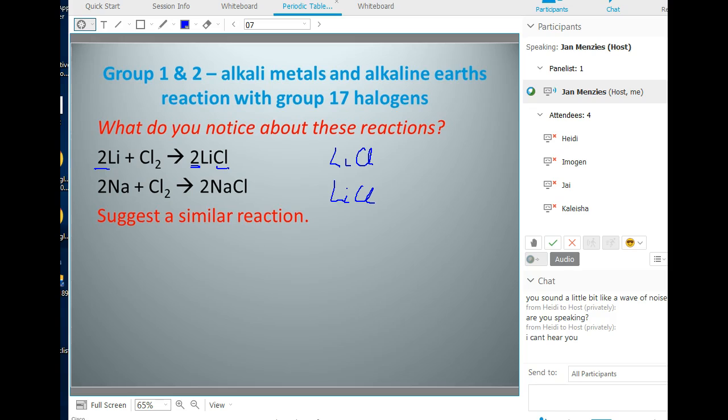So when it says suggest a similar reaction, what we need is, I'm going to type this, to be similar, we need an alkali metal and chlorine gas.